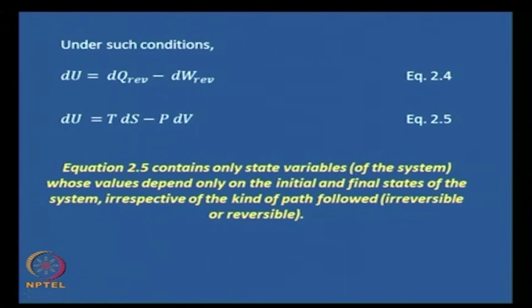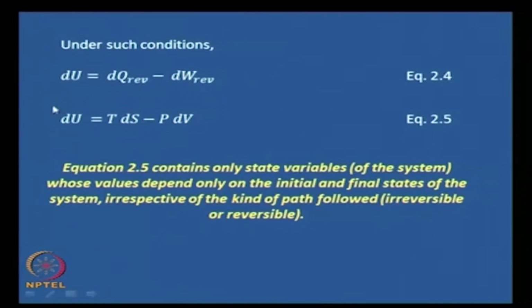And we know that the values of the state variables depend only on the initial and final states of the system in a process. The value of a state variable depends only on the state, and when the system undergoes a process, the value of such thermodynamic variables depends only on the initial state and final state of the system, irrespective of the path that was followed between states 1 and 2.